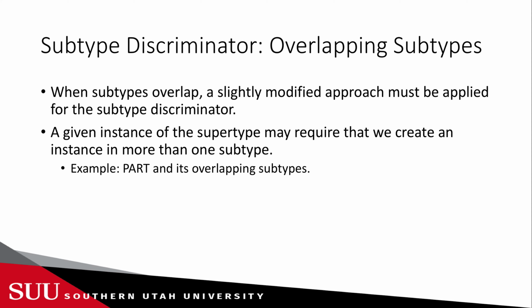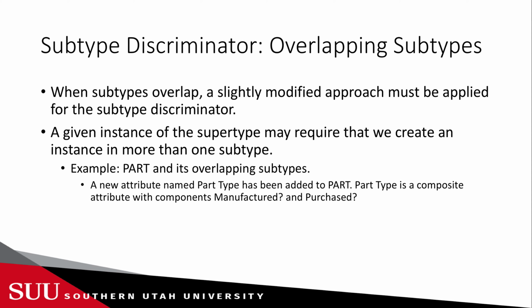Recall the part example, when we said a part may be manufactured or a purchased part. So a new attribute named part type will be added to part, and this is going to be a composite attribute with components manufactured and purchased, which we will code as booleans.